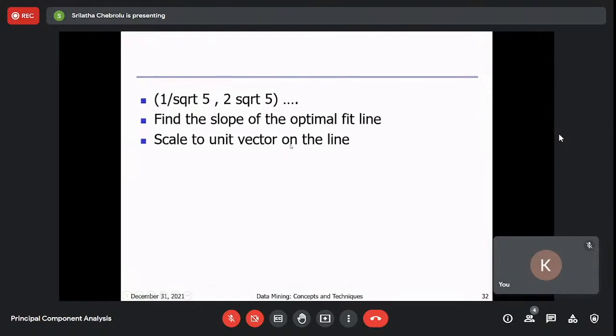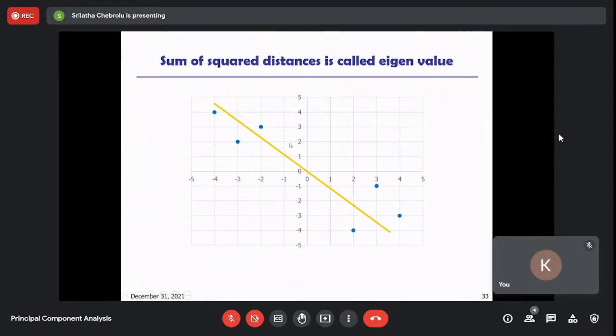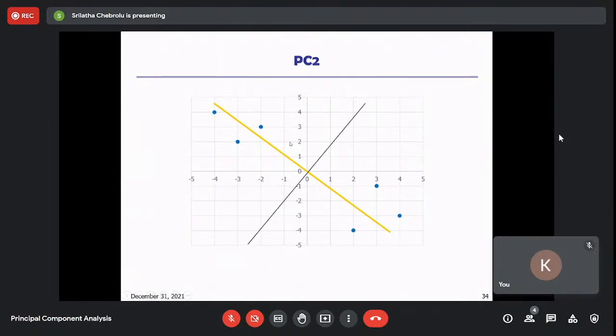That is the first principal component. Next you have to find the second principal component. In the definition we saw in the first two slides, each principal component is uncorrelated.